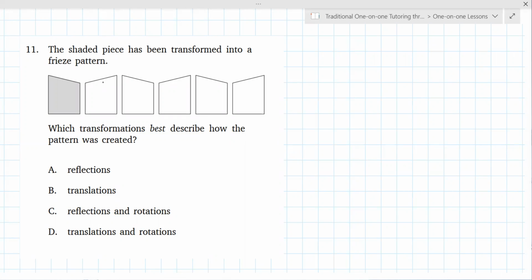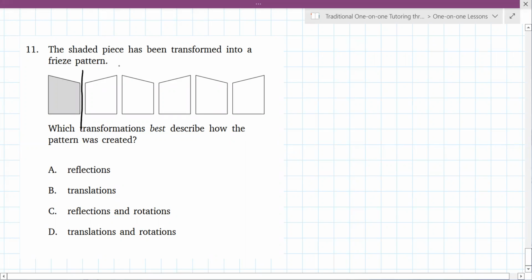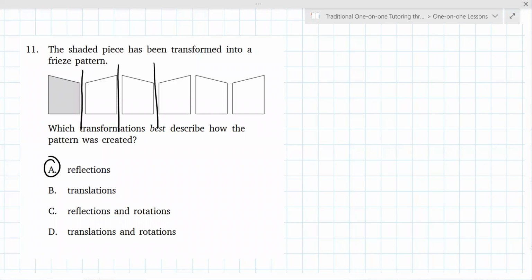It's just, do you see the pattern or do you not? Reflections. Okay, I agree. It reflects over this line and then this line and then this line, reflections only. Good. Okay. I like this problem. I'm trying to pick ones that you don't have to draw anything because these are really hard to draw.